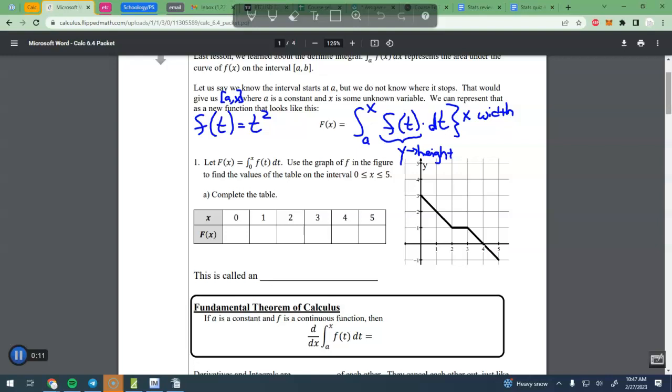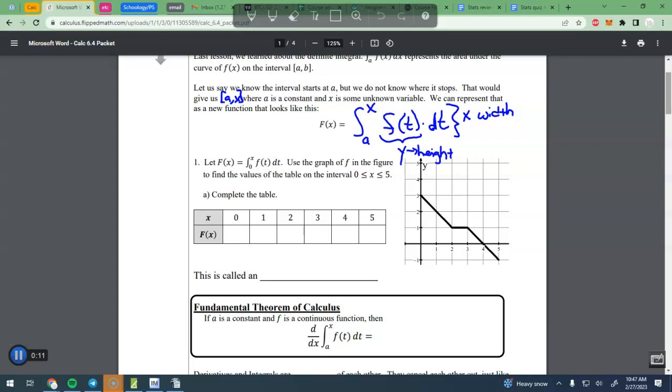Looks way more confusing. The base is going to be the width of each rectangle, but again, we're going to have infinite rectangles, so the width is going to be not 0, but approaching 0. And then the height is what you get when you plug in. So this is really just base times height. Looks a lot more confusing than that, but you'll get used to it. I'm getting a little bit far off topic here, but that's okay.